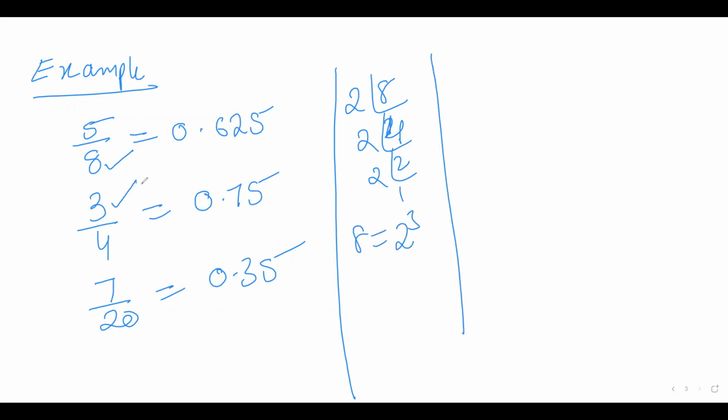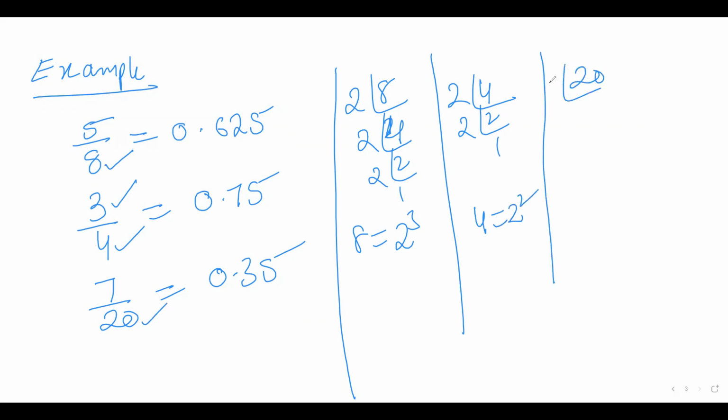If you take the denominator 4, factorized 2 2s are 4, so 4 can be written as 2 square. If you take the denominator 20, 2 10s, 2 5s, 5 1s. So the prime factorization of 20 is nothing but 2 square into 5.